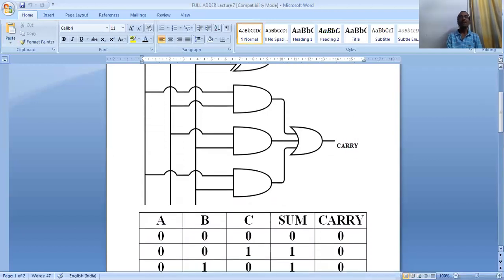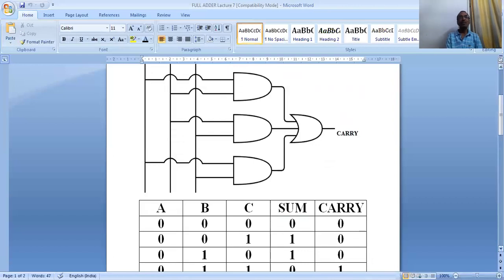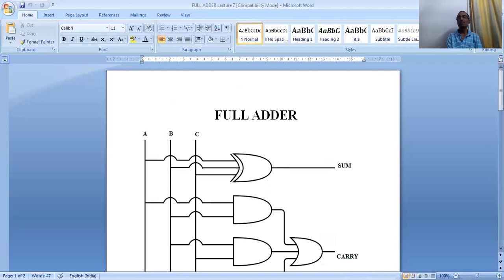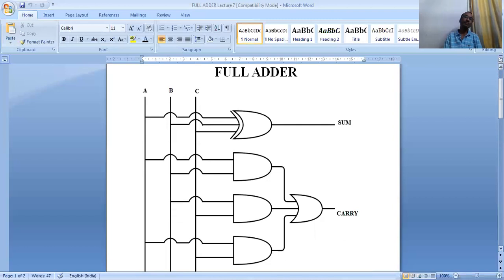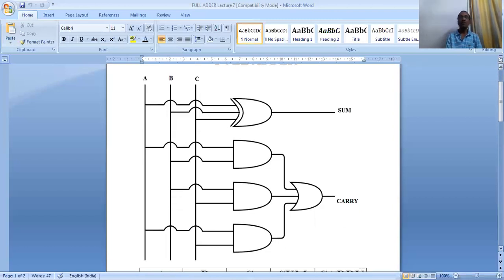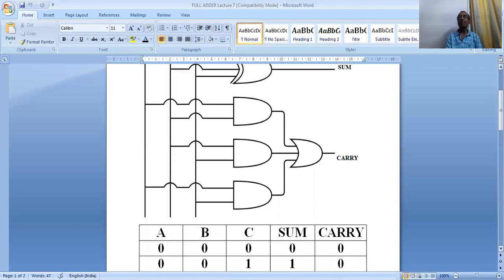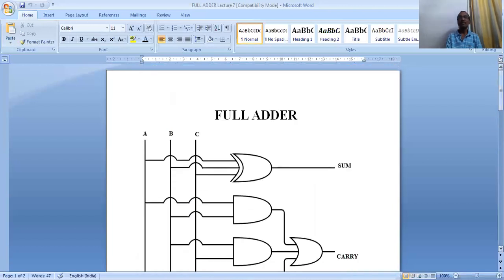Now, in the case of the second row, A equal to 0, B equal to 0, C equal to 1. See here now. What happens in this case? See carefully in the working.